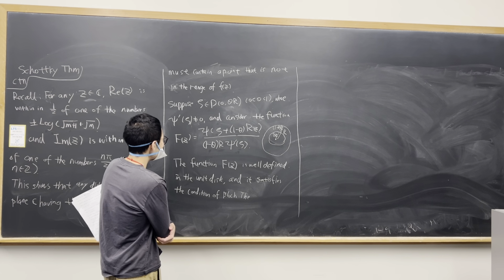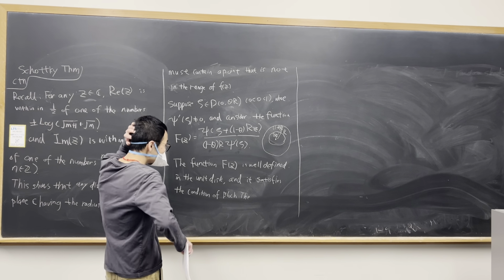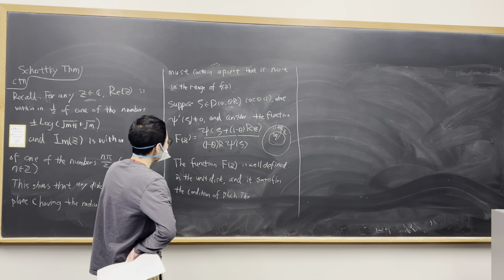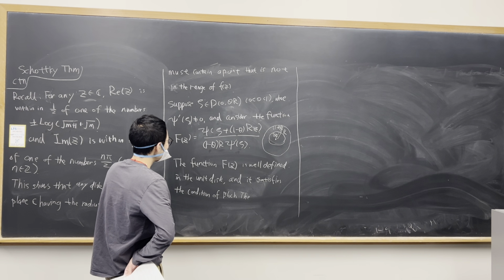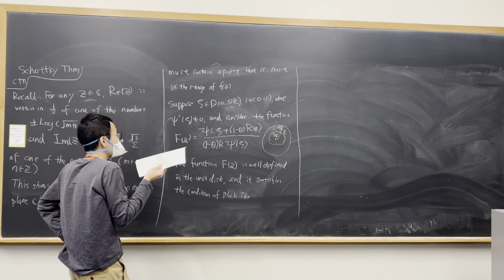Take any z within... For the theta R z, what is it? You are multiplying z by these factors, right? What does this factor mean?